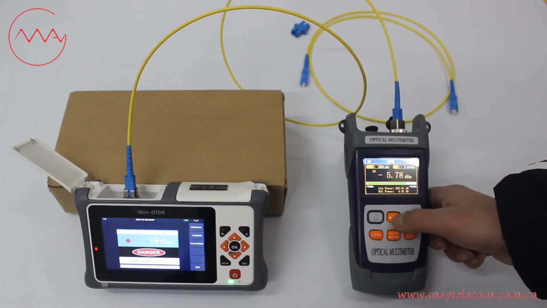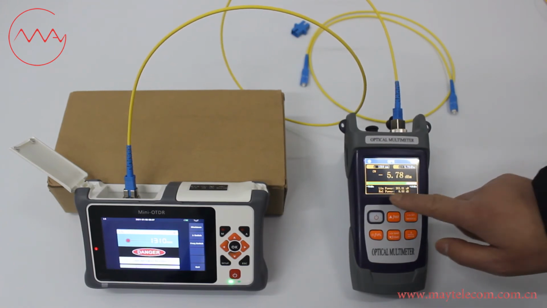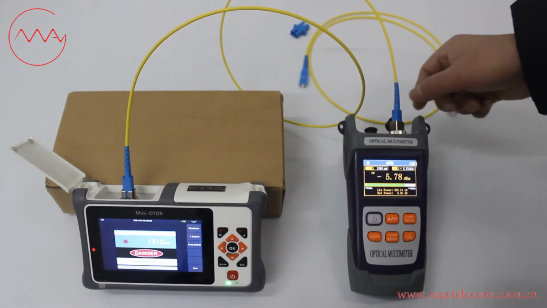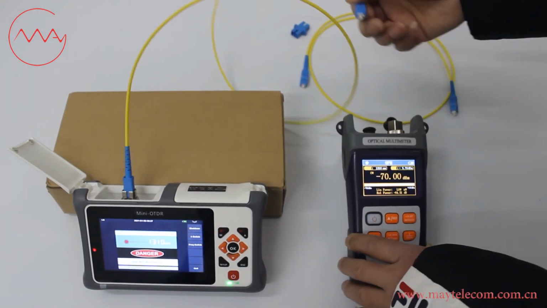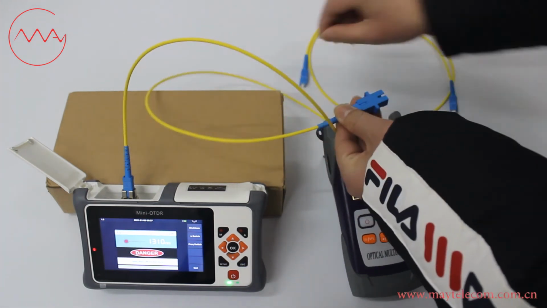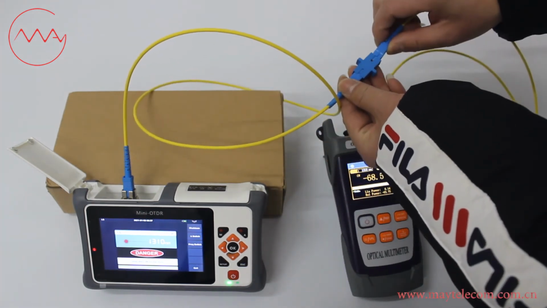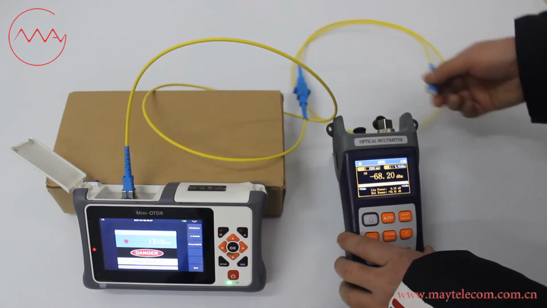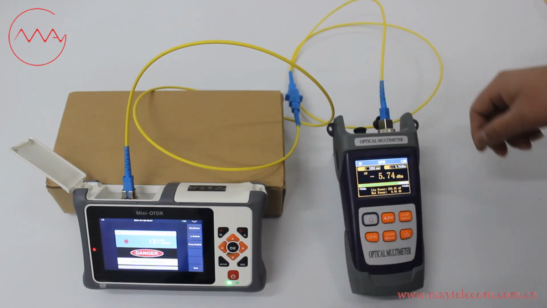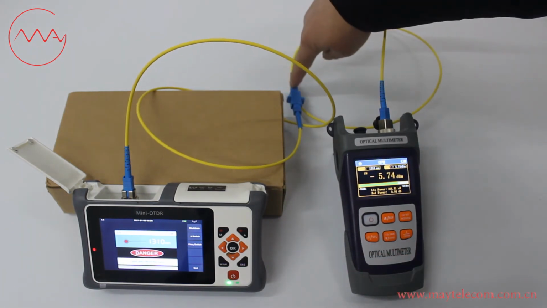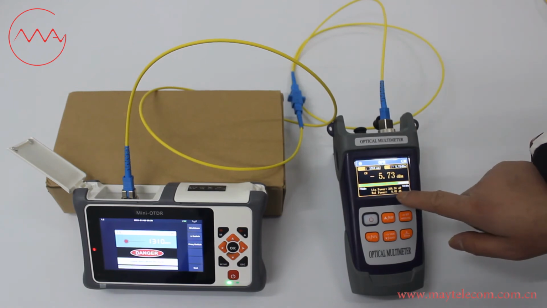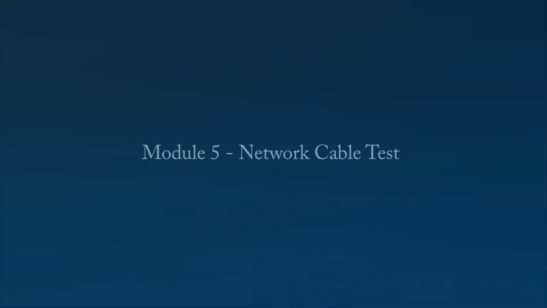Press reference button to set relative power to 0 dB. Disconnect this connector and connect with the SC adapter and patch cord under test. The insertion loss of this connector is 0.05 dB.